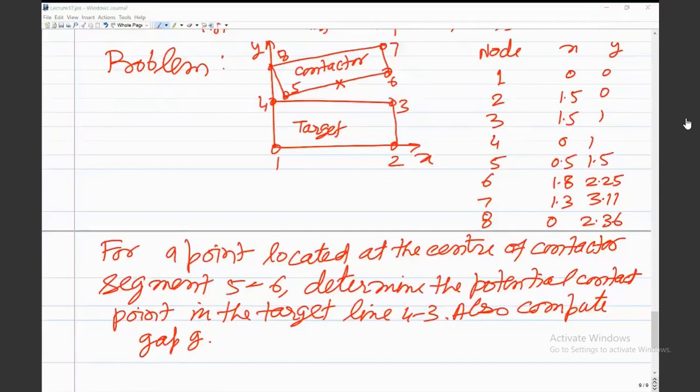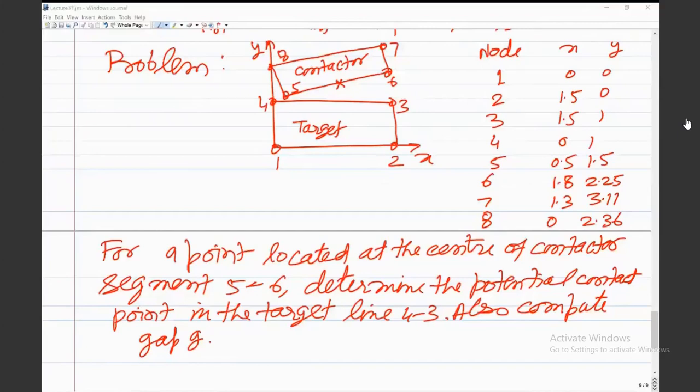No, see, in case of Lagrange multiplier, the contact force is taken as an unknown. So you are going to solve for it from the equations. You are not going to assume how much the contact force is. But you need some initial guess for the displacements, because this is an iterative solution.